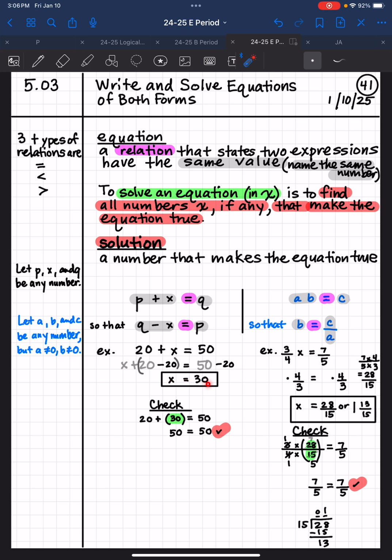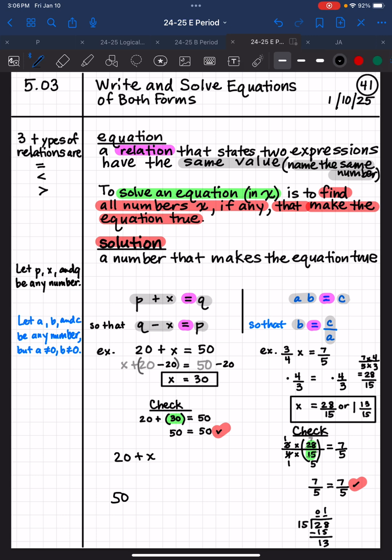Now, you think that I was done, but I'm not. If there is a value that makes this true, it's going to be 30. But I have to see, does it indeed make the statement true? Are both of these expressions equal to the same number when x is equal to 30? Well, let me show that. My first expression is 20 plus x. My other expression is 50. I know that x is equal to 30 if it is a solution.